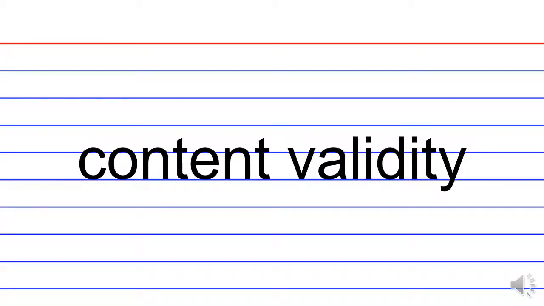The people who validate content would be professionals, like psychiatrists, biochemists. They would review, let's say, a questionnaire that you're using to measure depression. They would review the questions to make sure that it properly and fairly questions the patient about this psychological, I don't want to say disease, but this impairment, okay?